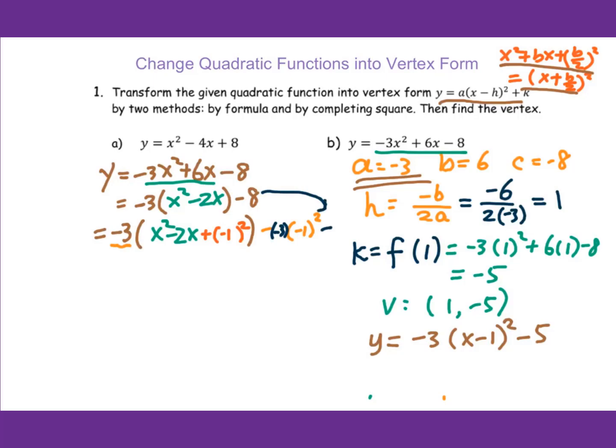Then minus 8. You will get negative 3. This is the completing square format, (x minus 1) squared. Work this out, you will get negative 5. So your vertex is 1, negative 5.